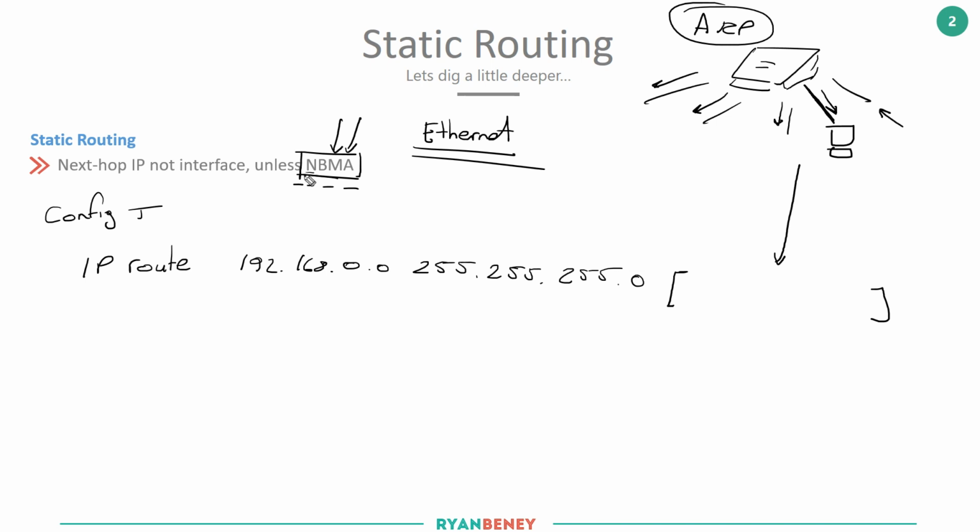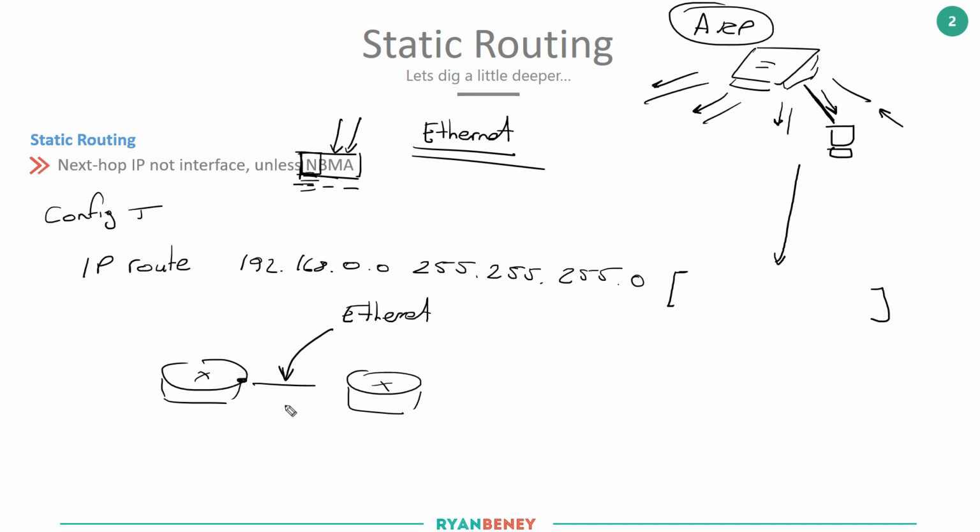A non-broadcast multiple access network, hence the N, is the opposite of a broadcast network. And if we think of this like a router connecting directly to another router, if they were to run Ethernet, then just like explained, it would be considered a broadcast network, because this router doesn't necessarily know that there's only one device on this point-to-point link.